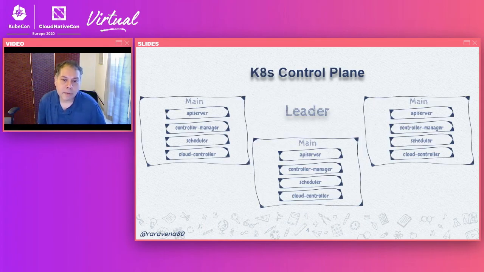So the Kubernetes control plane. Typically you have either a 3 main node setup or a 5 main node setup. I changed the terminology here from master to main. In every main node, you have all these different components. You have the API server, you have a scheduler, you have the cloud controller, controller manager, so several different components.